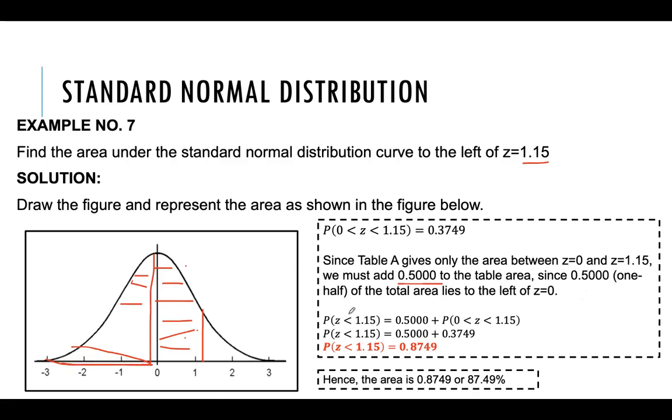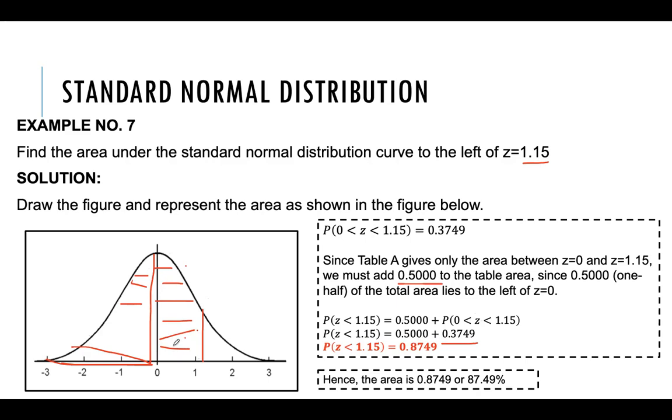So, class, the probability of the area to the left of z value of 1.15 is 0.5000 plus, since papunta, yung half of the area, plus yung area between the 0 and 1.15 na z value. So 0.5000 plus the 0.3749 na nakuha natin sa table 2.9. So we have the answer of 0.8749.